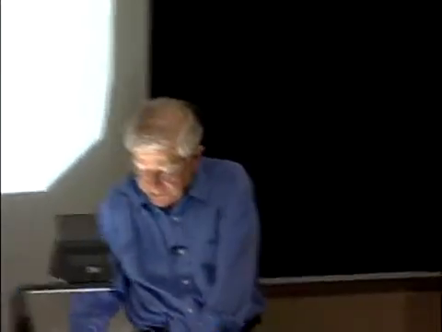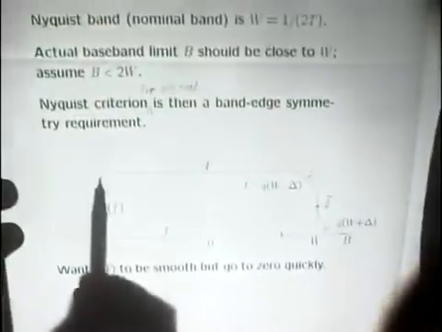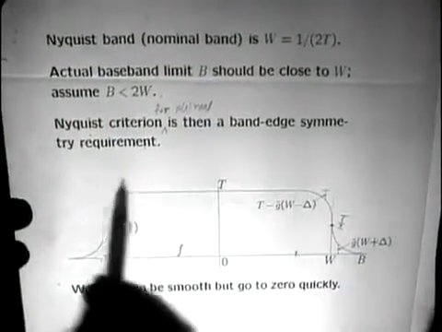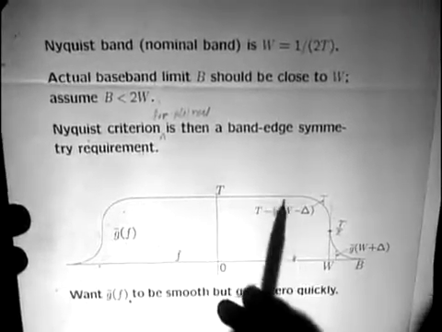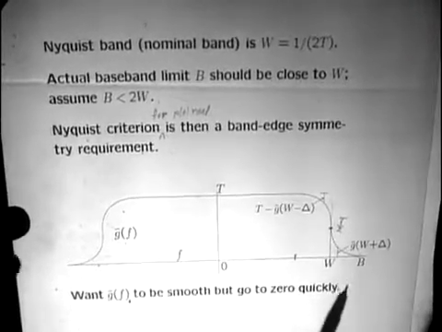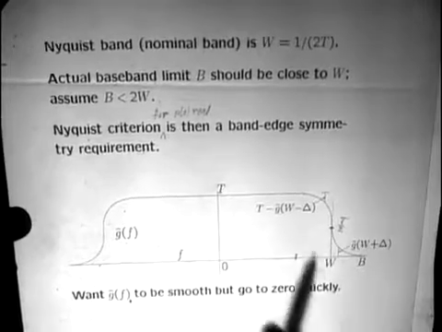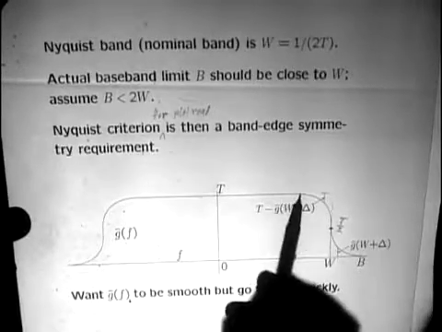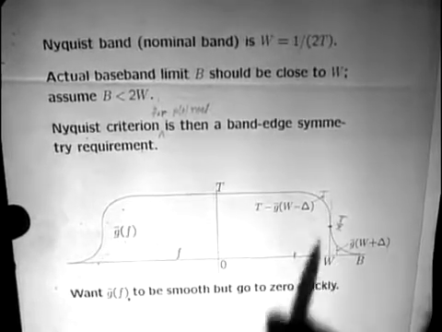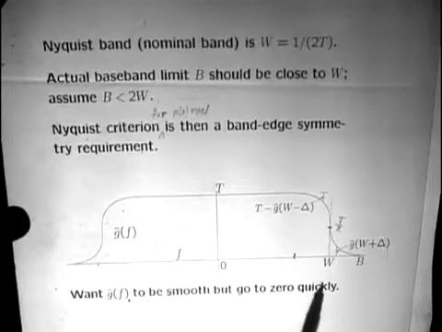So what you want is a pulse which remains equal to T over a wide bandwidth here, which gets down to 0 very, very fast. So the problem is, how do you design something which gets from here down to here very, very quickly and very smoothly?